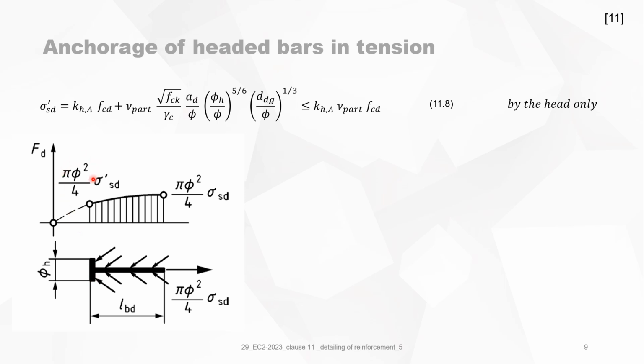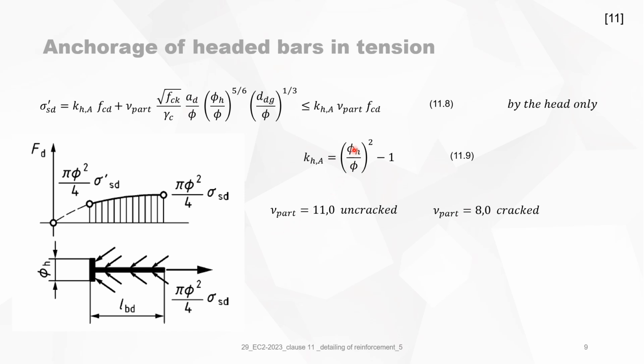Pi phi squared divided by 4 is the cross section of the rebar, times the tensile stress sigma accent SD, is the maximum force that you can develop by the head only, because it's at the beginning. Then you have this formula with KHA, it's just a factor like it's stated in formula 11.9.